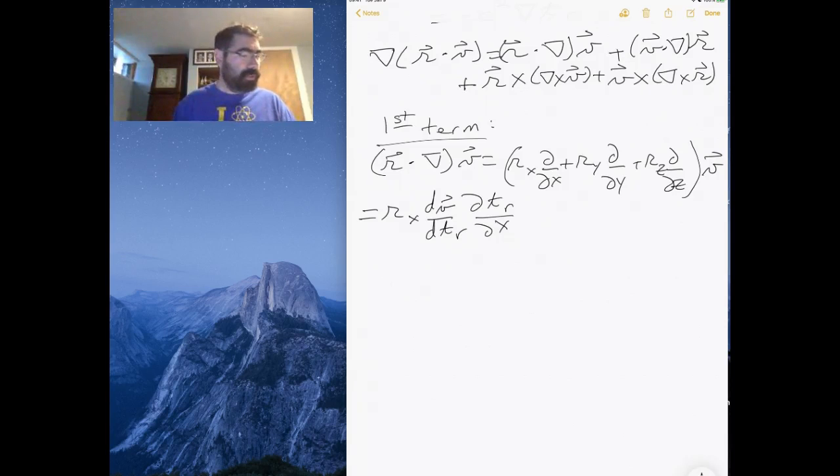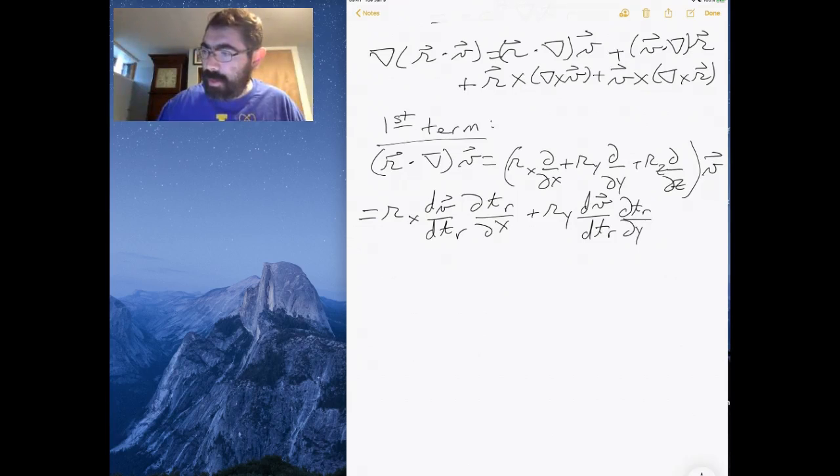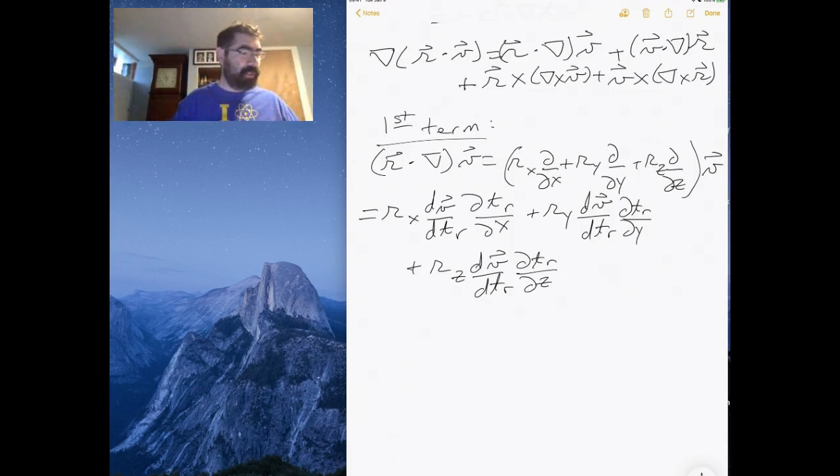Now we have to do that for the other two terms. So for y, we get this, and for z, we get this term, like that.